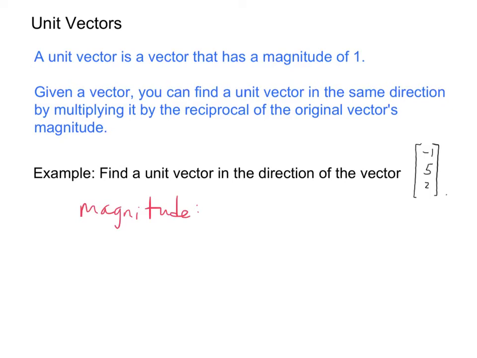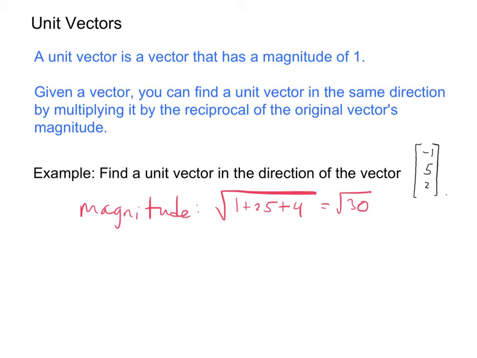So, pause the video for 15 seconds, find the magnitude of that vector. You should find that it's the square root of 1 plus 25 plus 4, which is the square root of 30. And so once you have that, I want you guys to understand this vector is the square root of 30 units long.